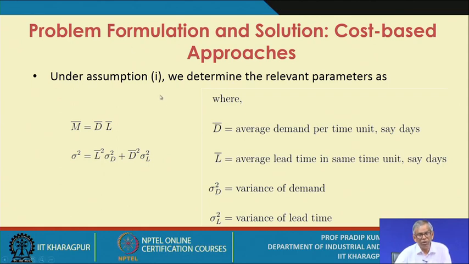Under assumption 1, that means the independence assumption, we determine the relevant parameters. What are the relevant parameters? For the joint probability distribution, you have the distribution of the demand during lead time, or lead time demand, which is the random variable, so you have the corresponding mean and variance. What are the expressions for m bar, the mean demand during lead time, and the variance of the lead time demand?